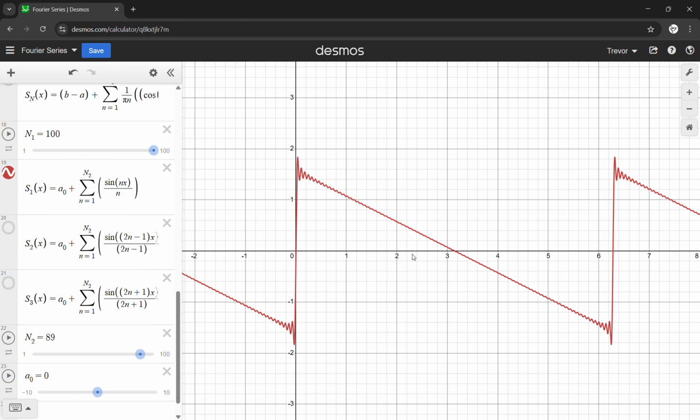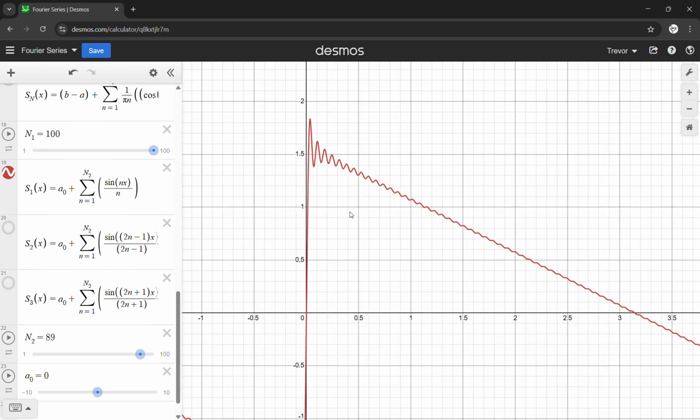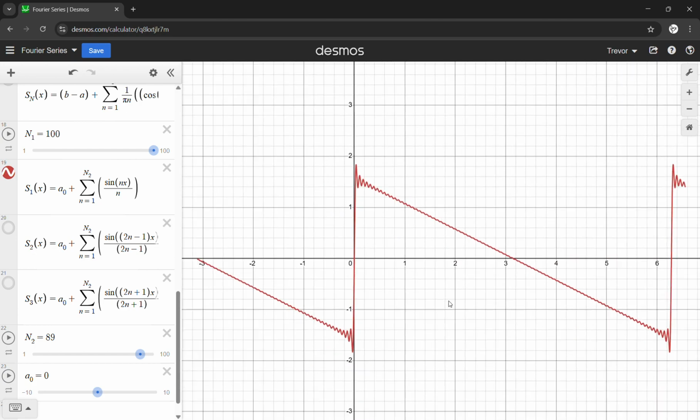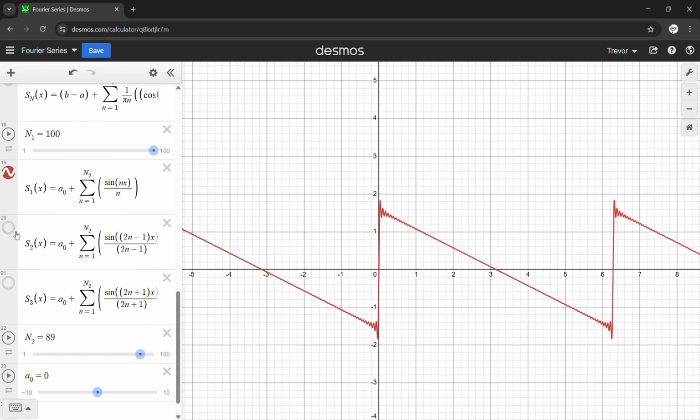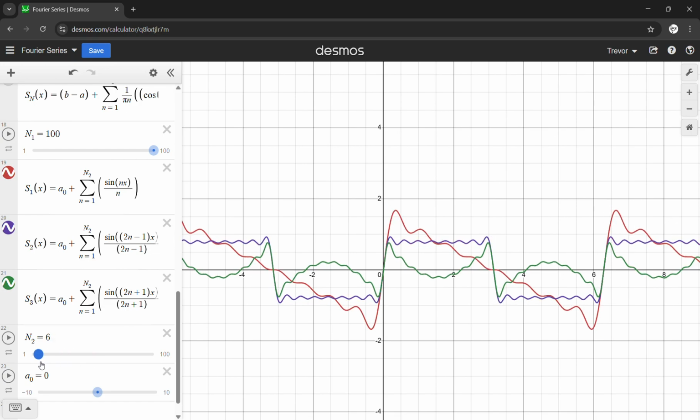It's like a weird thin wire almost. You can see it'll overshoot like that, and then it'll kind of adjust. And this overshooting is what we call the Gibbs phenomenon. It's just a fancy name for it overshooting. So this is what this one looks like. These are just me playing around with them. And then this one I think is pretty cool.